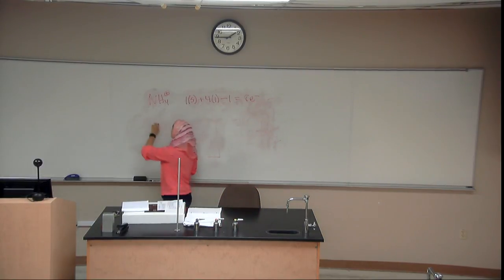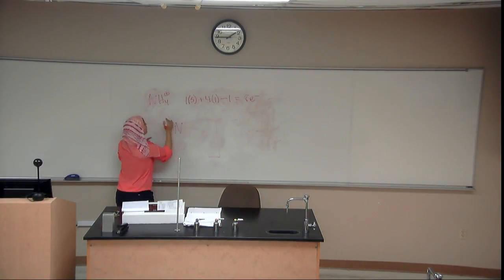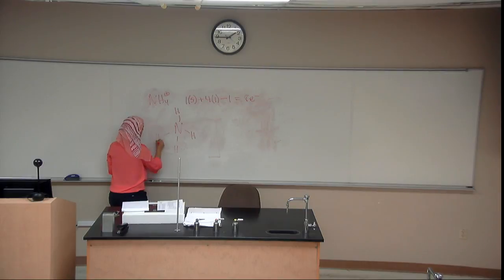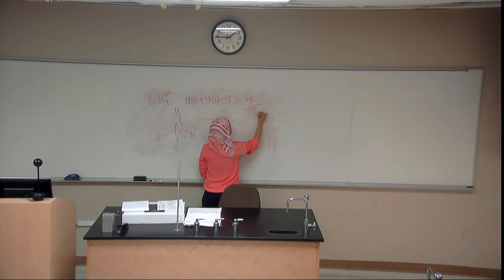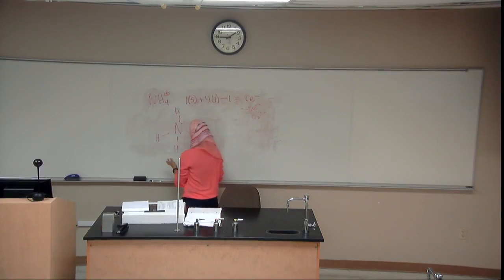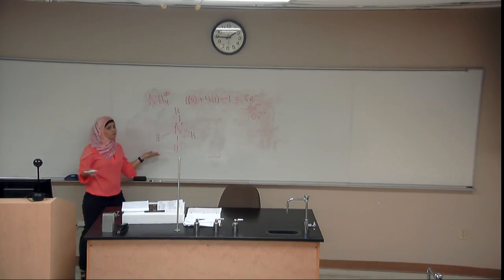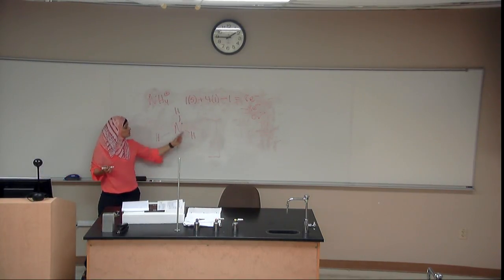Cool? Nitrogen goes in the middle. We need to make 4 connections. There's that. And so we used up 8 electrons. That's 0 left. Is everybody happy? Absolutely. Nitrogen has got its 8 and hydrogen has got its 1 bond.